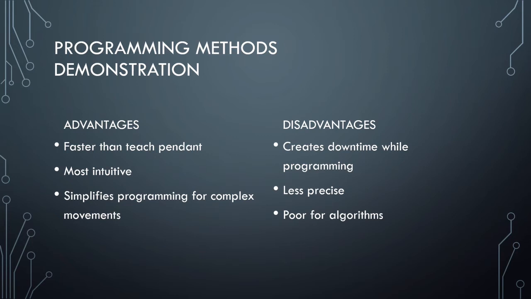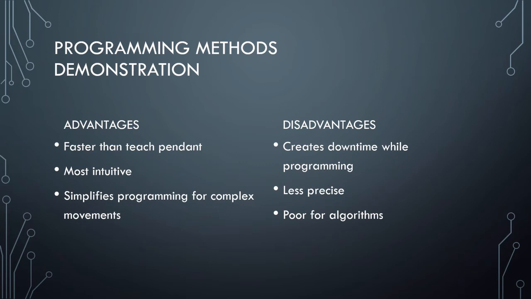Unfortunately, like the teach pendant, because you're at the machine, it has to be stopped for you to program it. It does create downtime like the teach pendant, and so potentially loss of money like the teach pendant. It is also a little bit less precise. So I said sometimes it can be more precise if you're trying to reach a very specific endpoint or to lightly touch an endpoint.